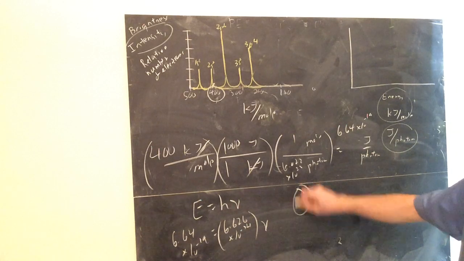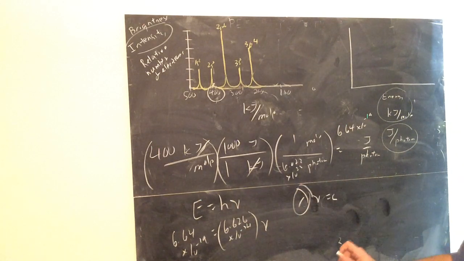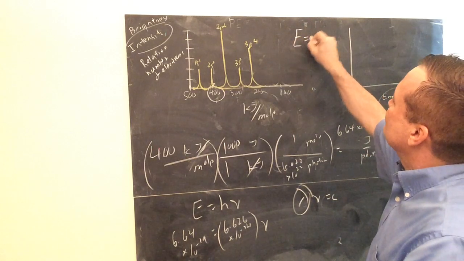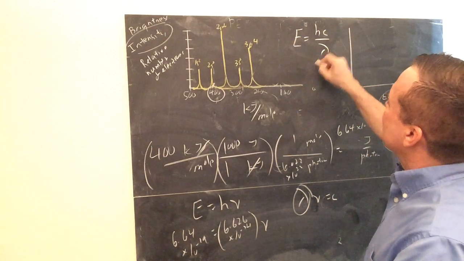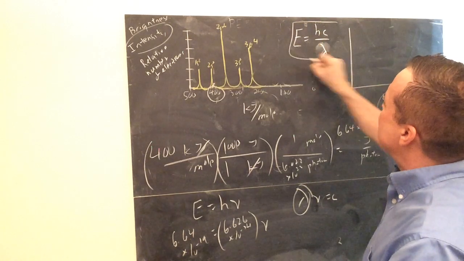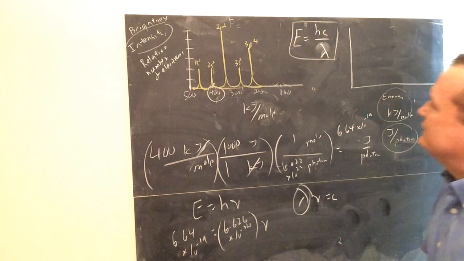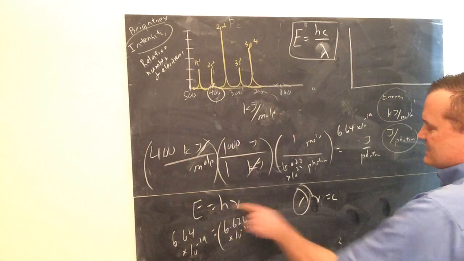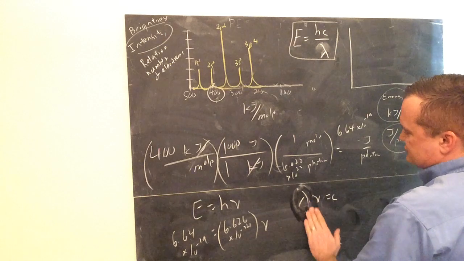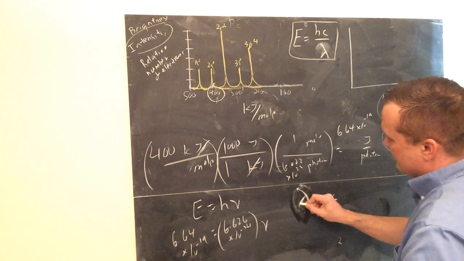But there's also one more thing. I'll just show you real quick. This equation is not given on the AP sheet, but if you ever wanted to use it, you could. It combines E equals h nu and lambda nu equals c.